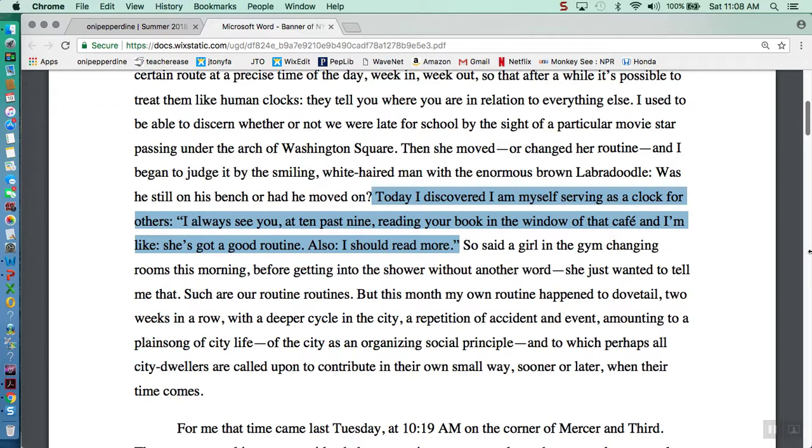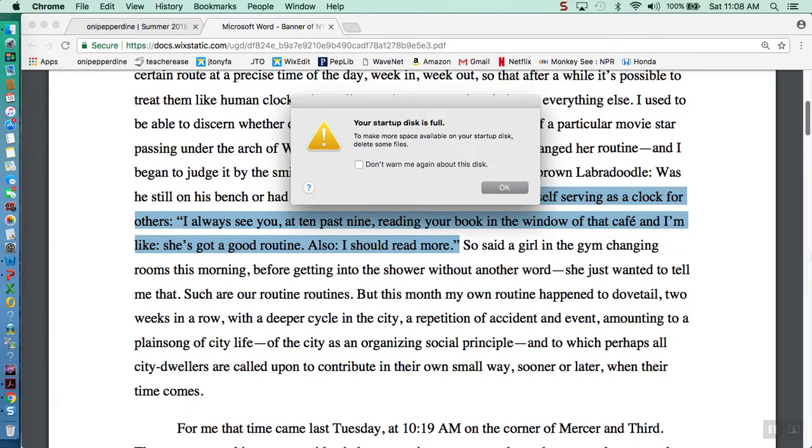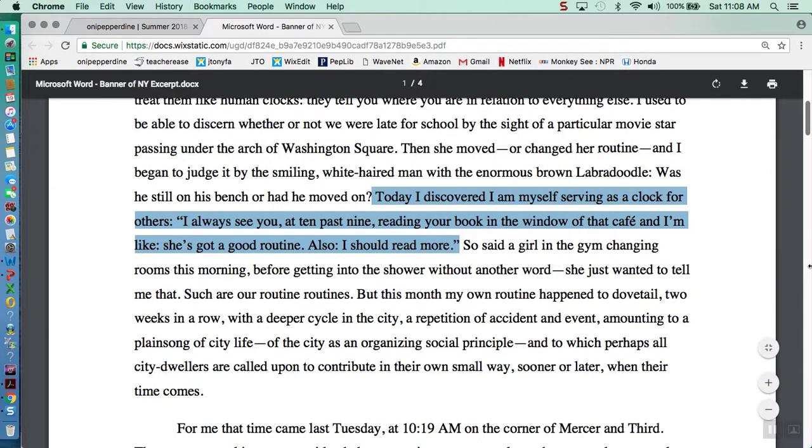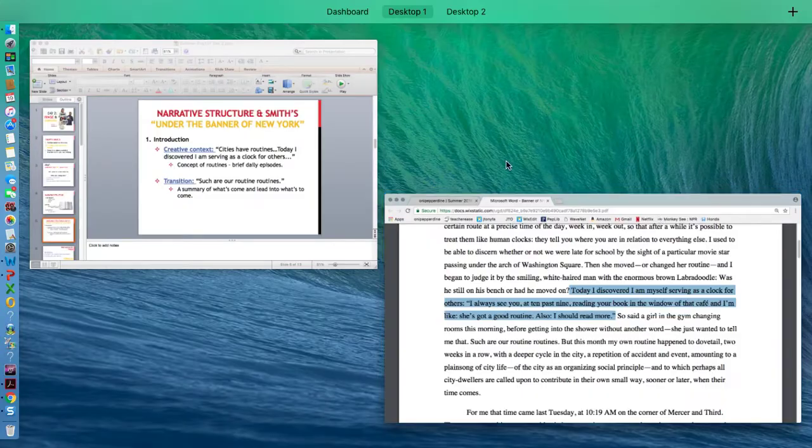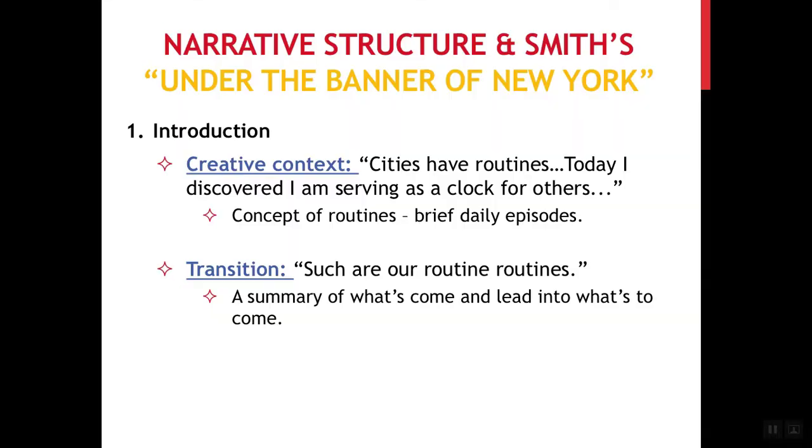So I like this idea of thinking about the introduction of the creative context as going from broad to narrower to narrower. The smaller that you can get that down, the easier it's going to be to develop your transition, right? And now for the transition, as I've stated here, we have this idea of such are our routines.